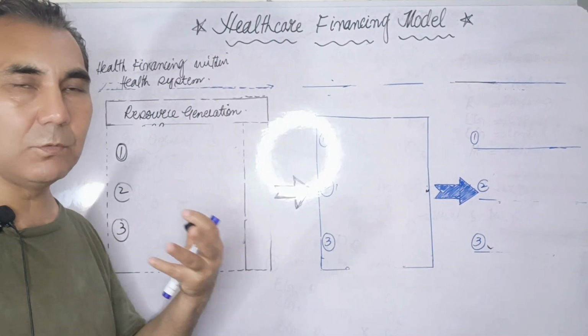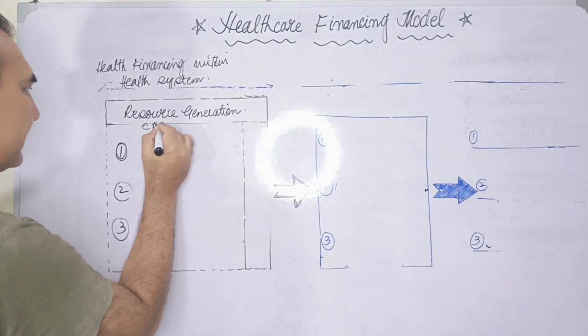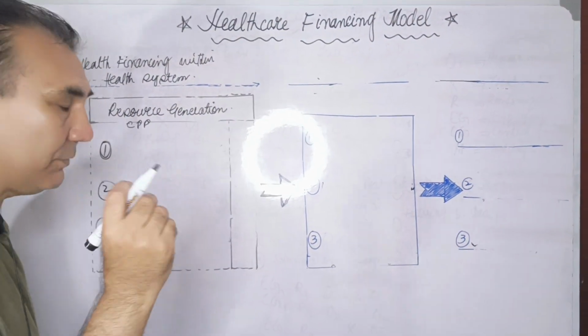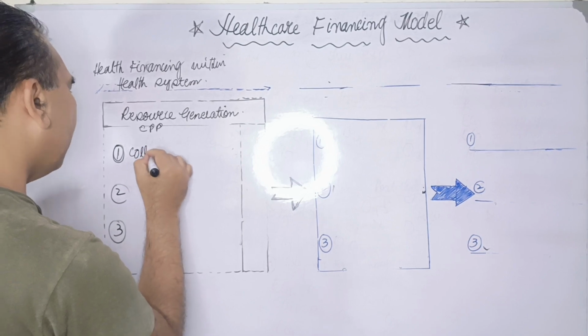How will you generate the resources? There are three mechanisms, and you should remember these three mechanisms with the abbreviation CPP. So C is for the collection of revenue.